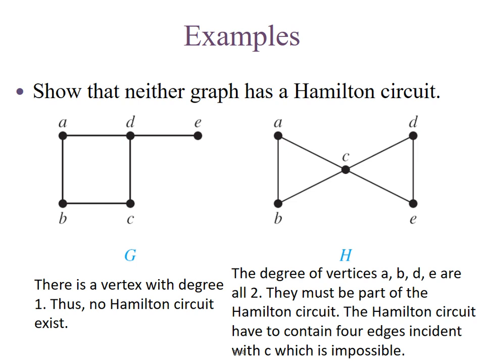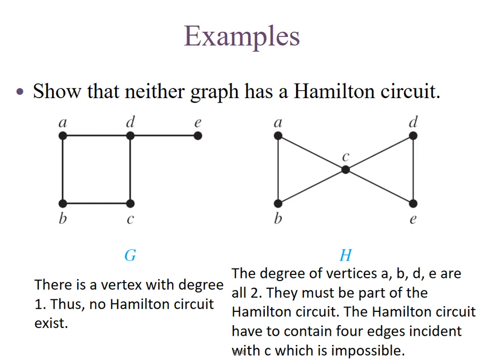Let's see point 2. If we travel from B, A, C, E, then you cannot visit all the edges of vertex C, because you can see the degree of vertex C is 4.